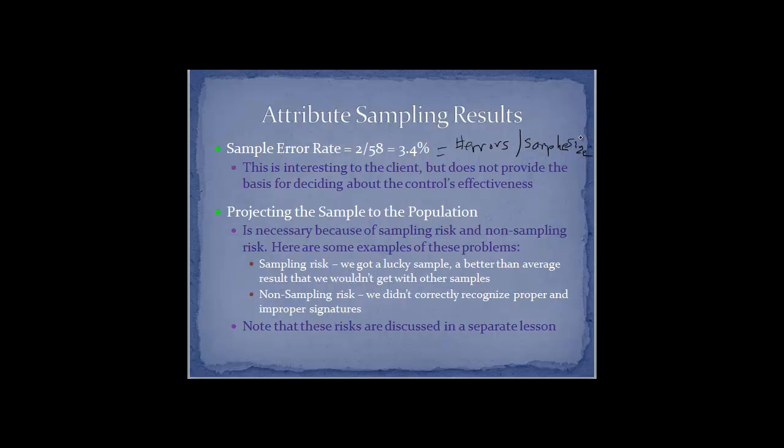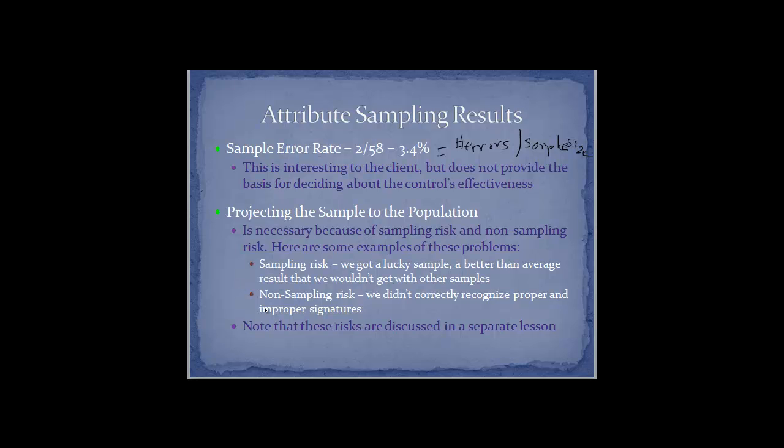The auditing standards say it's not adequate to use the sample error rate as being exactly the same as the population error rate. The reason is these risks that you learned about in a separate lesson. If you say the sample rate matches the population rate, you're saying you guarantee there was no auditor error. You guarantee there was no sampling risk, as in you didn't get a lucky set of checks that just happened to not show any problems.